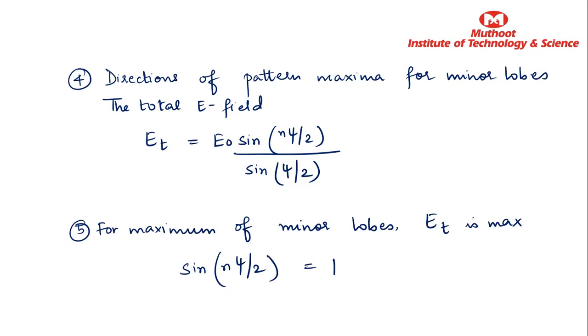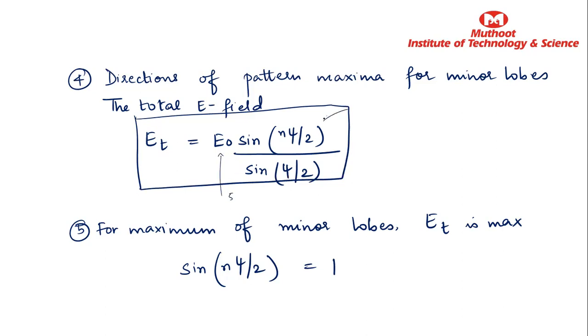So in this expression, ET is equal to E naught sine of this expression, your sine term has to be maximum. In other words, if I say E naught is 5, for example, then this has to be 1 because this has to be again 5. Then only ET will be considered as maximum. So the sine of n psi by 2 has to be 1. So we're coming to that part.